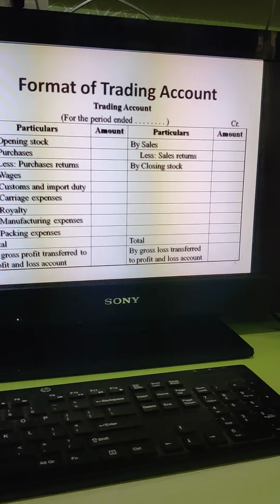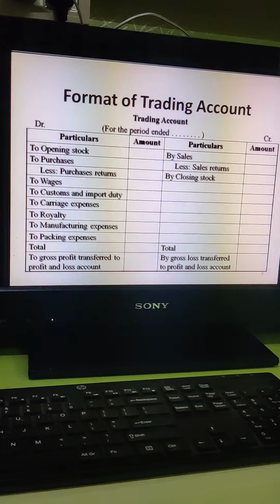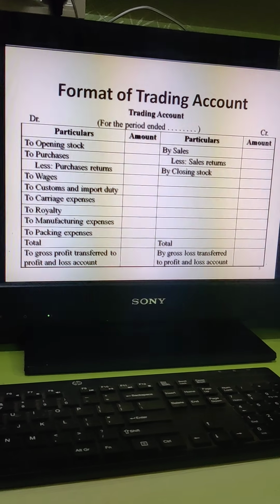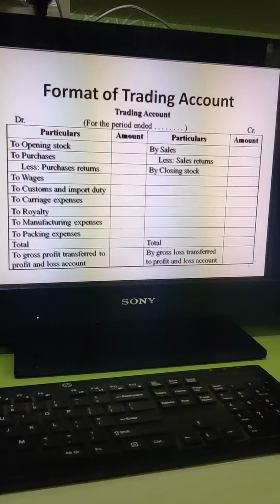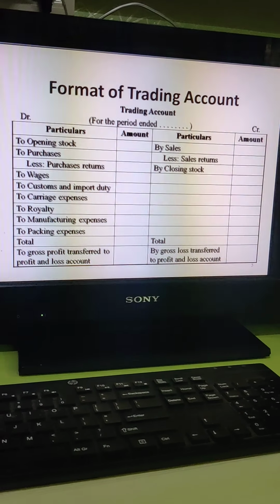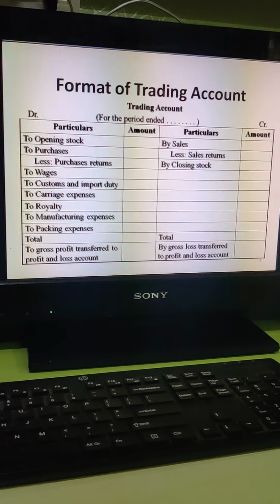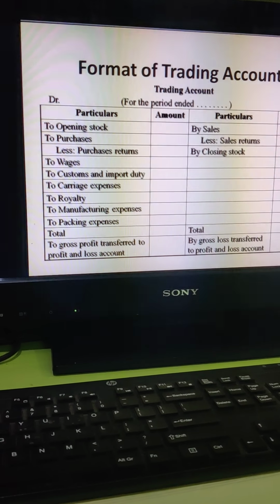So gross loss appears on the credit side in case the purchases or the debit side is more than the credit side. In short, when the income is more than the expenses, you get a gross profit. And when the expenses are more than the incomes, you get a gross loss, which is eventually transferred to profit and loss account.